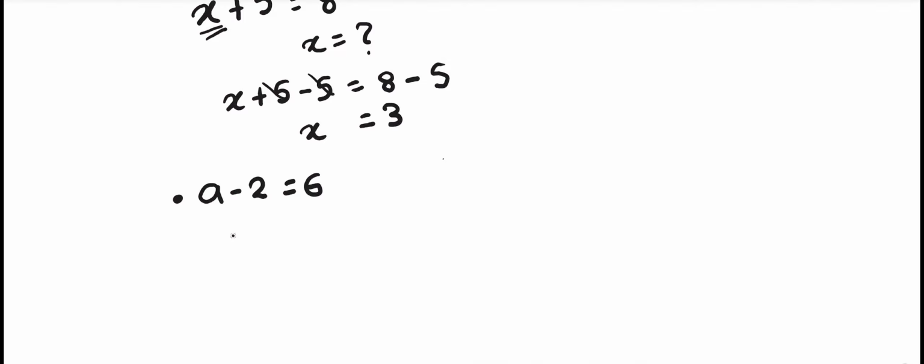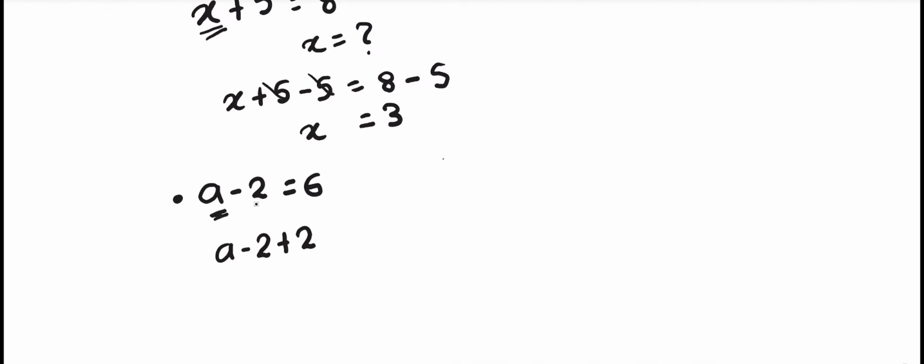So I told you to think of this as a game. What is our mission? To find a. To find a, we need to get a alone. Why is a not alone in this equation? a is not alone because of this minus 2. To remove this minus 2, we need to add plus 2 to the left side.